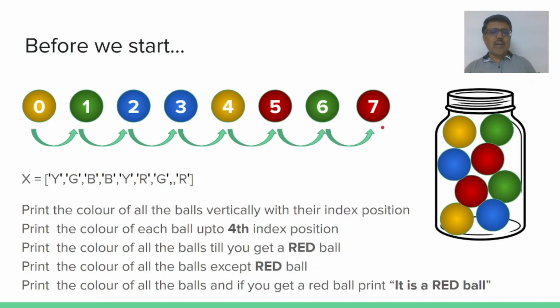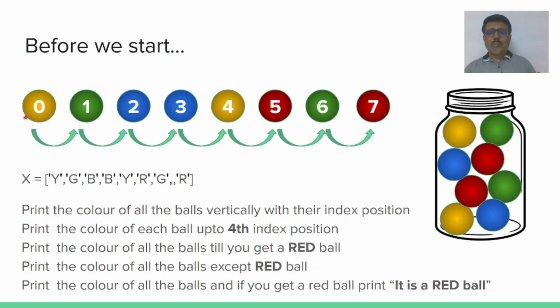Assuming that you are making a note of this in the form of a list, for example, Y represents yellow, G represents green, B represents blue, and R represents red. So you might be asking why I put 0, 1, 2, 3, 4 like that.